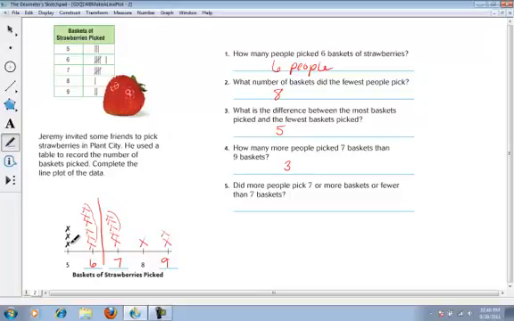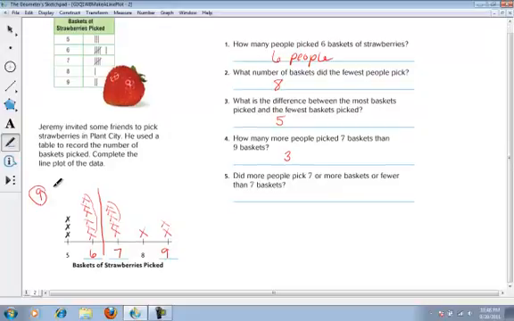Let's see how many X's we have on this side that picked fewer than 7. 1, 2, 3, 4, 5, 6, 7, 8, 9. So 9 people picked fewer. Let's see how many people picked 7 or more. 1, 2, 3, 4, 5, 6, 7, 8. So it looks like more people picked fewer than 7 baskets.